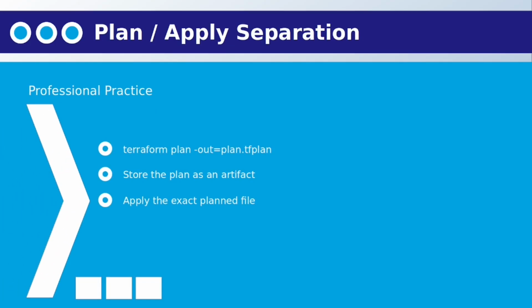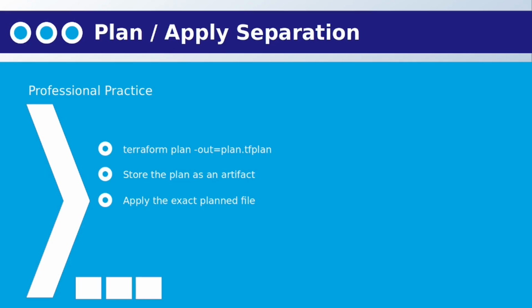Plan and apply separation. This is a professional technique many teams skip. Instead of running terraform plan and terraform apply, we run terraform plan -out=tfplan. Then we apply exactly that plan. Why? Because it guarantees determinism.